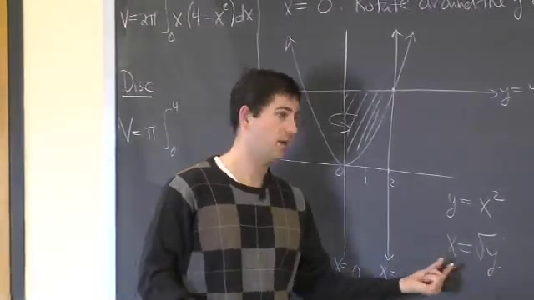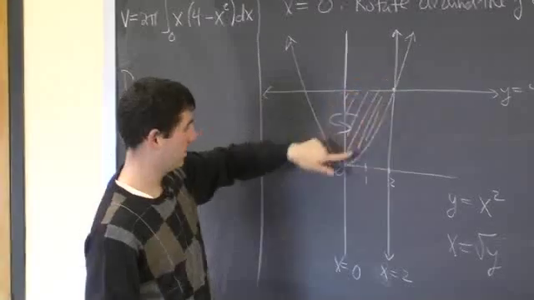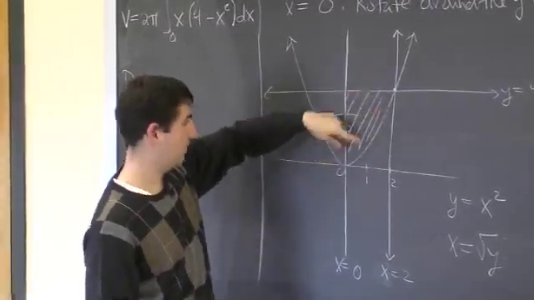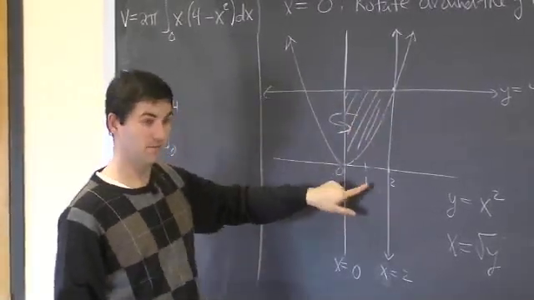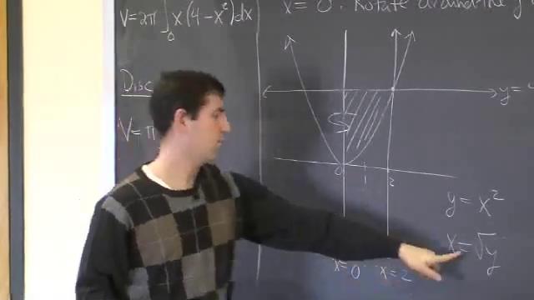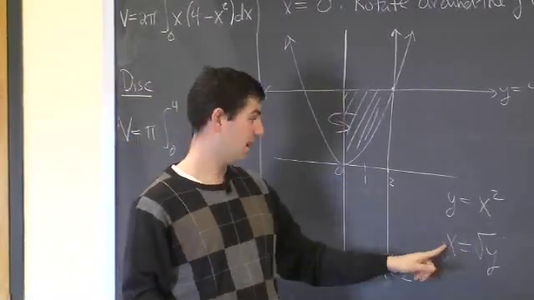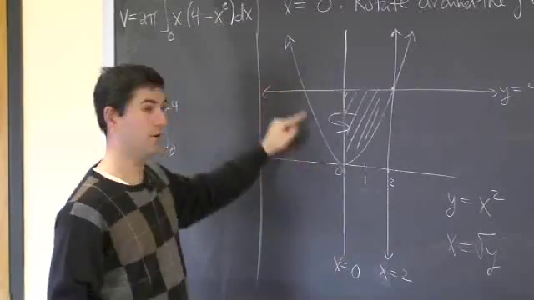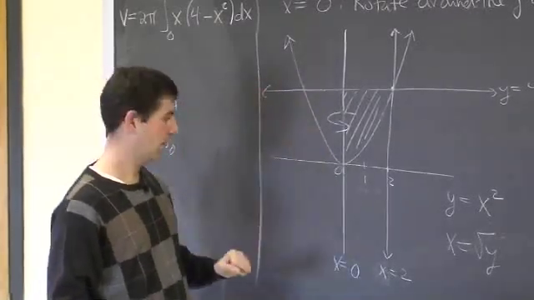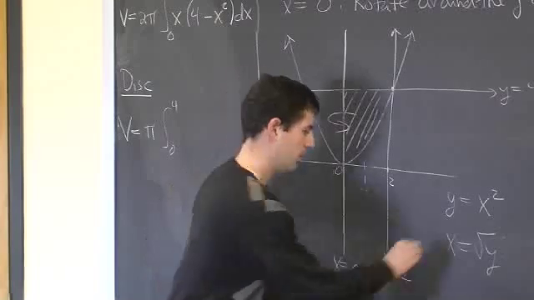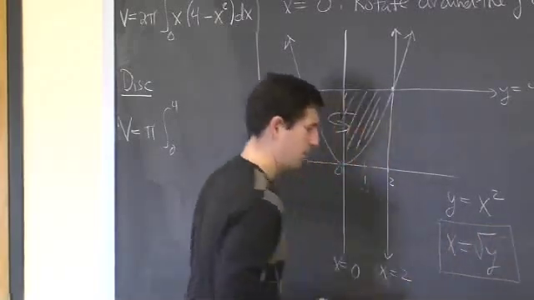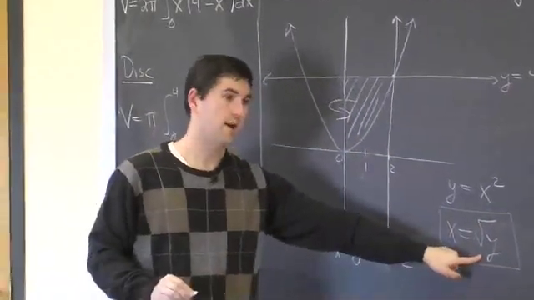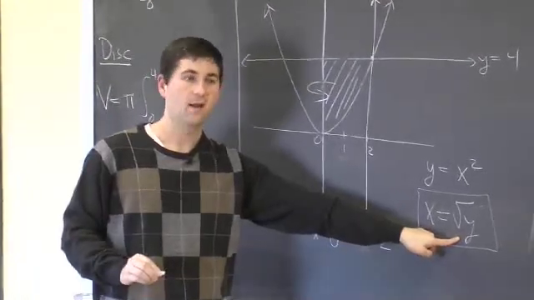So your x's should be positive, and sure enough, on this part of the graph, the x's are positive. We're in the first quadrant. If we put a negative square root here, then the x's should be negative, and that would be if we were over here. So we want the positive square root. That's our function now: square root of y.